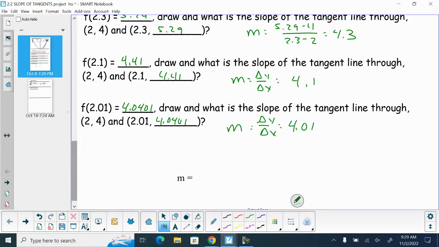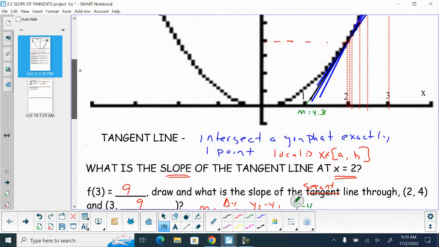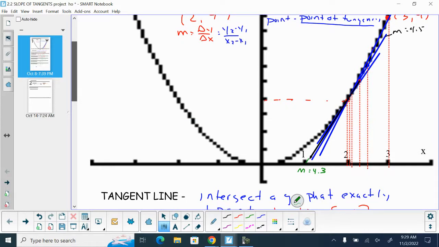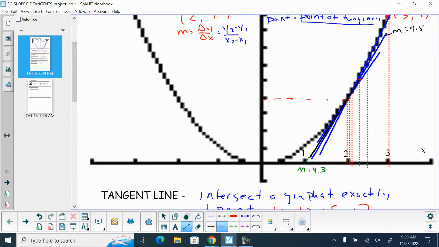So if I take a look at what is occurring here, if I would try to draw a secant line from 2.01 to 2, would I be able to determine a difference by our own eyes, the difference between a secant line drawn from x equals 2.01 to 2 and a tangent line at x equals 2?